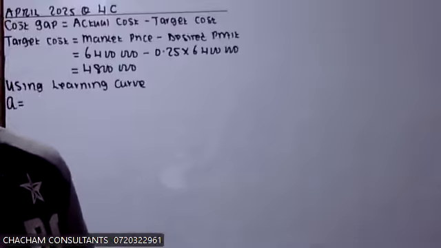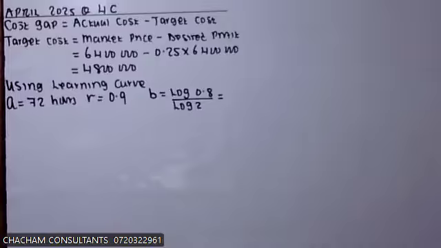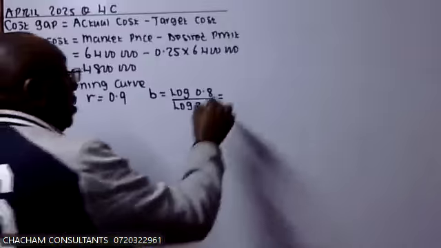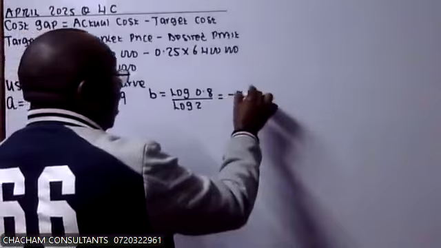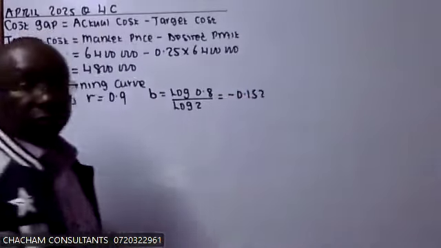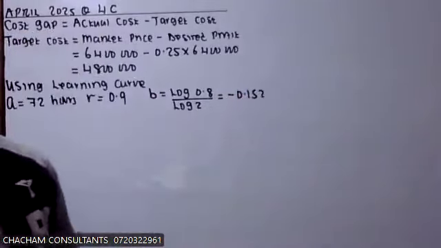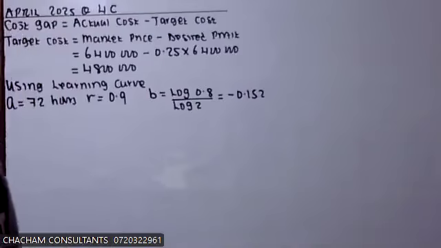And this one is what the examiner has already given you as the index, minus 0.152. Confirm whether that is the answer.